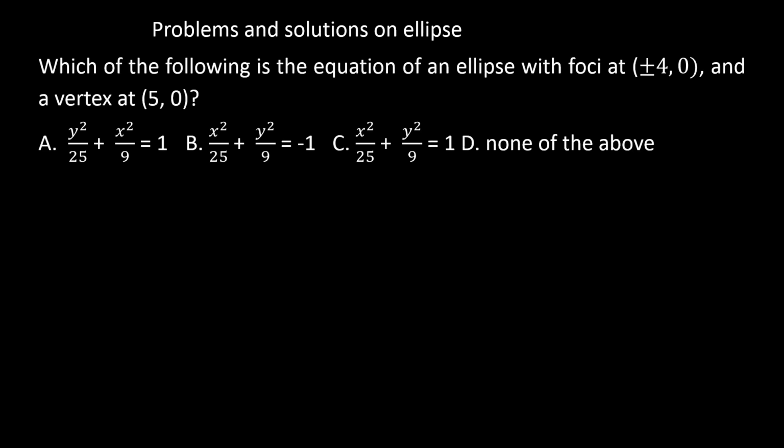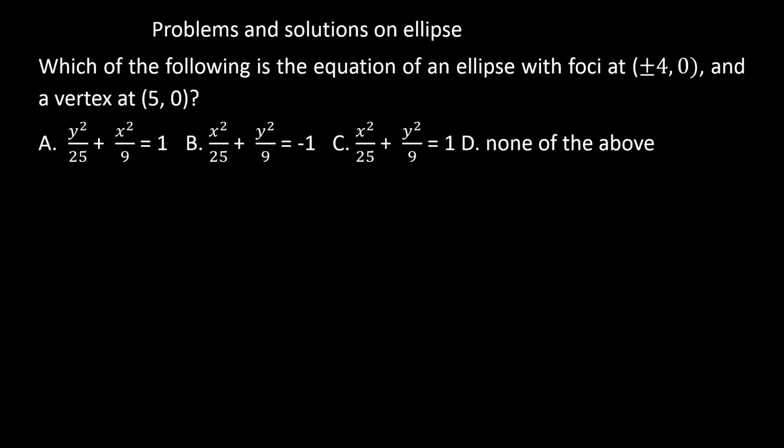Then we have problems and solutions on ellipse. Okay, this is the first problem for ellipse, with the center at point (0, 0). Which of the following is the equation of an ellipse with foci at (±4, 0) and a vertex at (5, 0)?